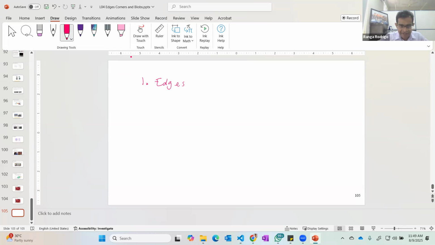We detected edges, and secondly, we realized that using these edges, we can get single lines. That is our Canny edge detector. And as a third one, we detected corners. For that we had the second moment matrix, and then it gave rise to the Harris corner detector.